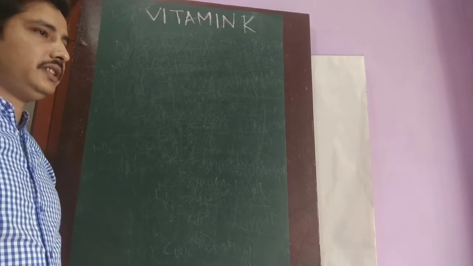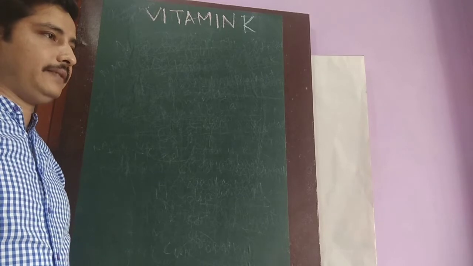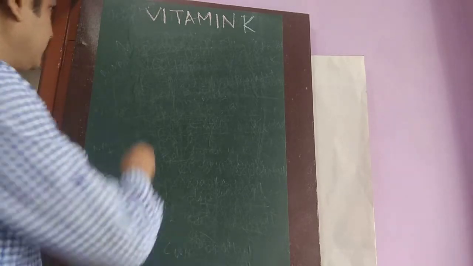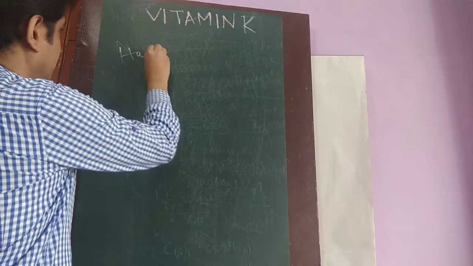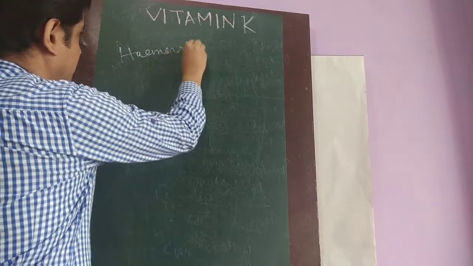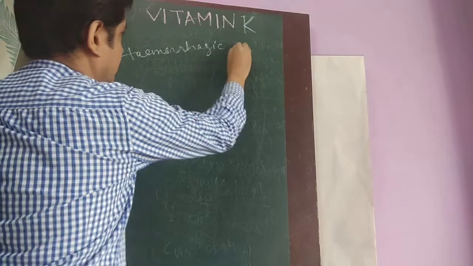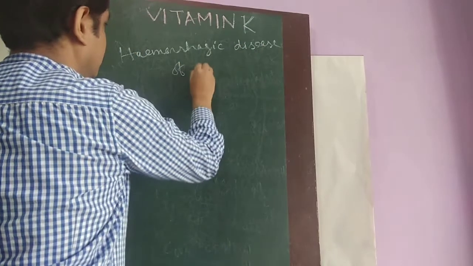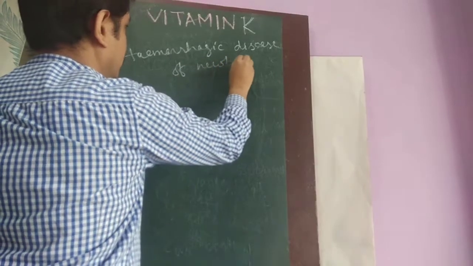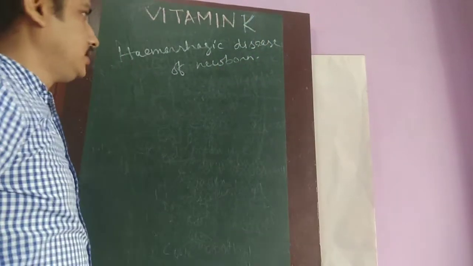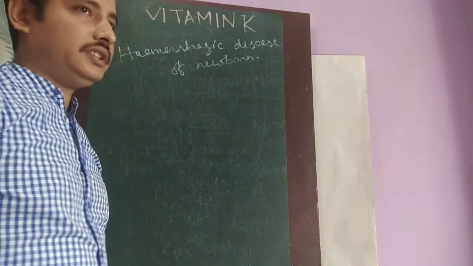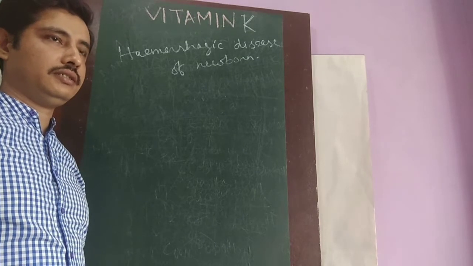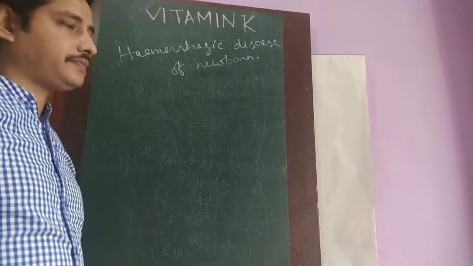In premature infants, there are sometimes vitamin K deficiency manifestations. It is known as hemorrhagic disease of the newborn. Therefore, in preterm infants, prophylactic doses of synthetic vitamin K1 are administered.